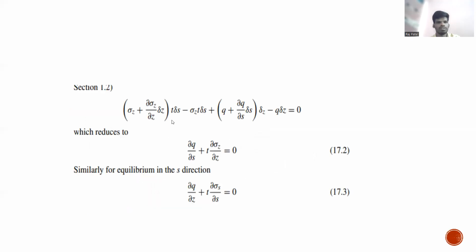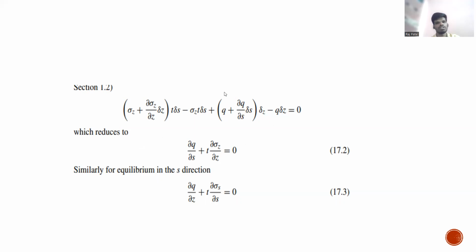From the diagrams, if you take the horizontal and vertical equilibriums, the equation becomes: sigma z plus dou sigma z by dou z into delta z, times t into delta s, minus sigma z into t into delta s, plus q plus dou q by dou s into delta s, into delta z, minus q into delta z, is equal to 0.